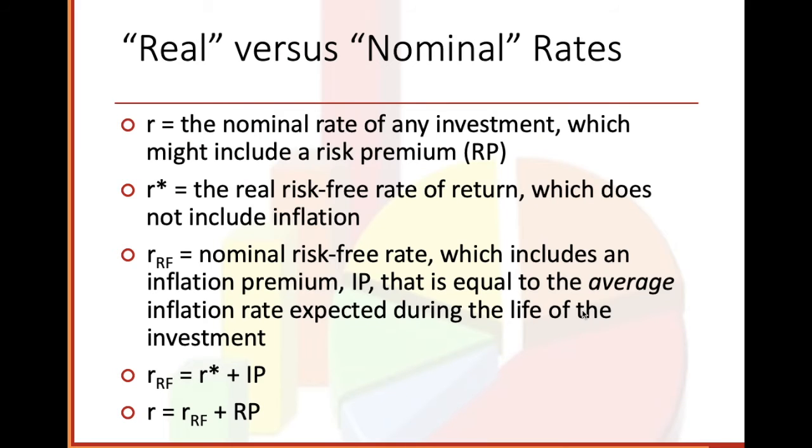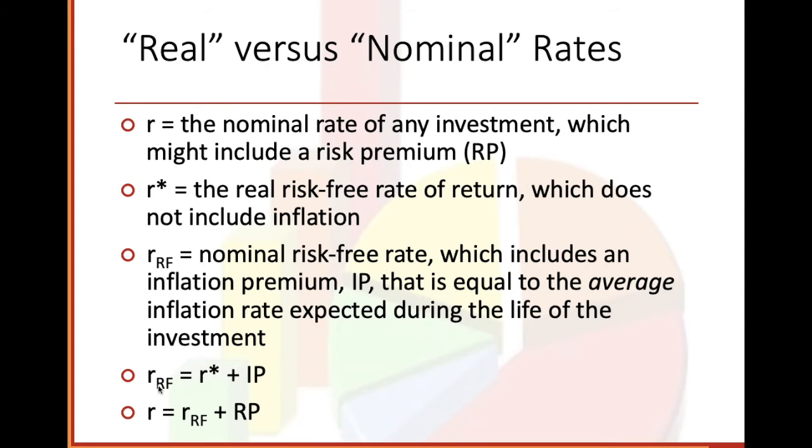Real versus nominal rates. R equals nominal rate of any investment, which might include a risk premium, RP. R asterisk, the real risk-free rate of return, which does not include inflation. R sub RF equals nominal risk-free rate, which includes an inflation premium, IP, that is equal to the average inflation rate expected during the life of the investment.